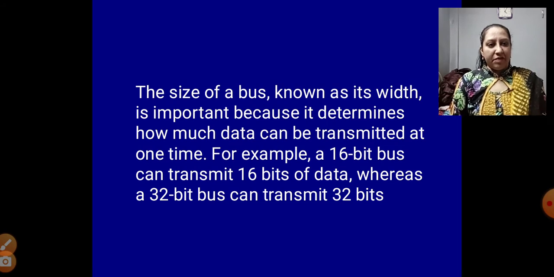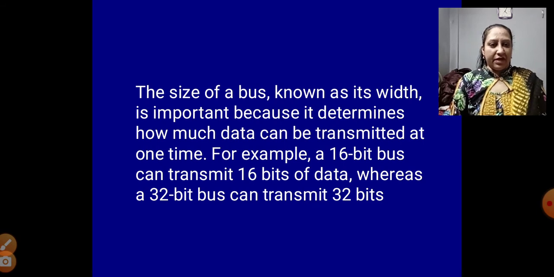There has to be a limit on the maximum data that can be transmitted, which is exactly what the width is. Width is the maximum number of bits the user can transmit. If my width is 16 bits, that means I can transmit simultaneously 16 bits only.